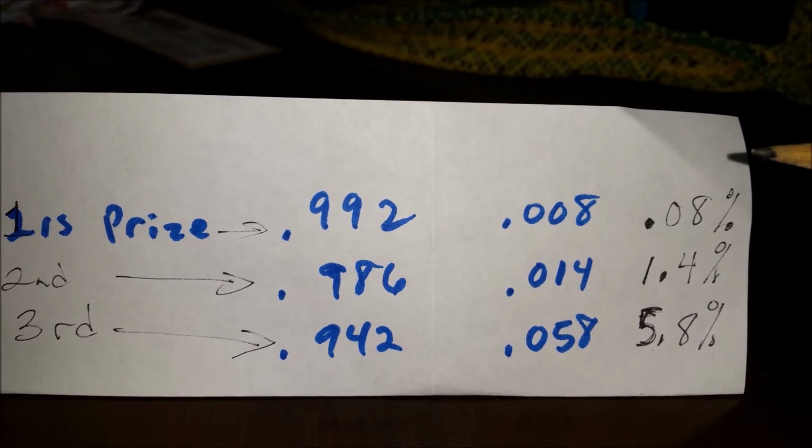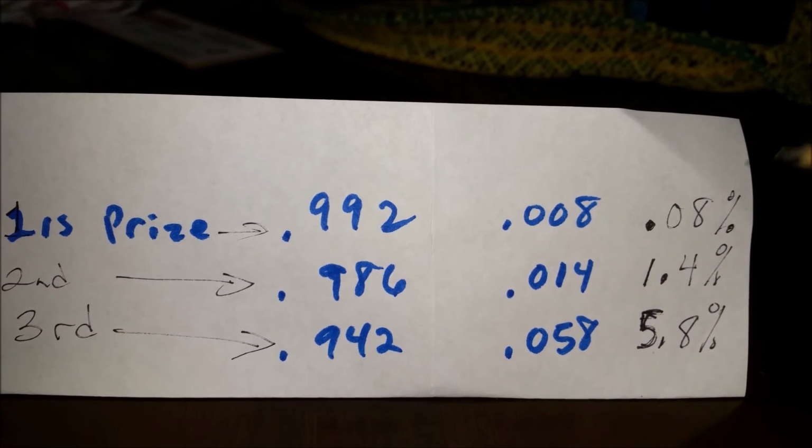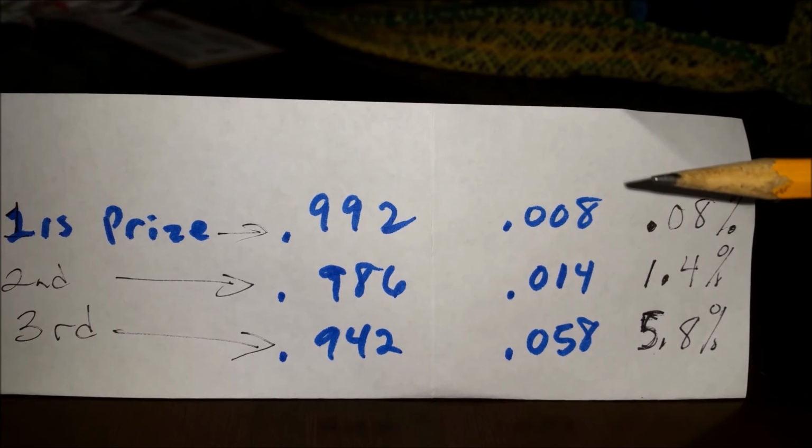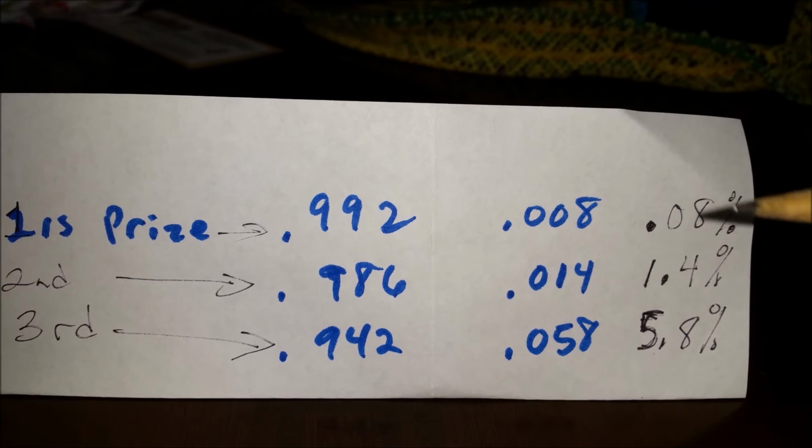So how did Joanne do it? How was she able to win the lottery so many times on scratchers? And in my second video, I will be explaining the most likely scenario on how she did it.